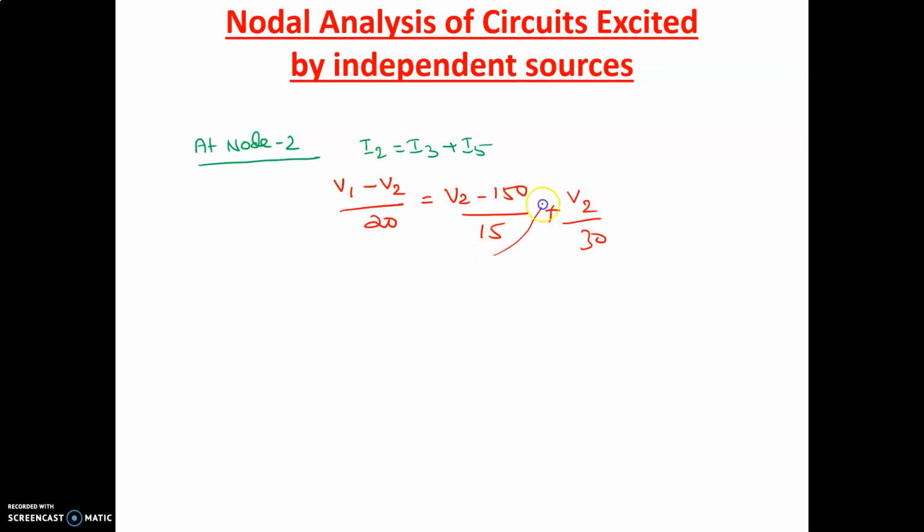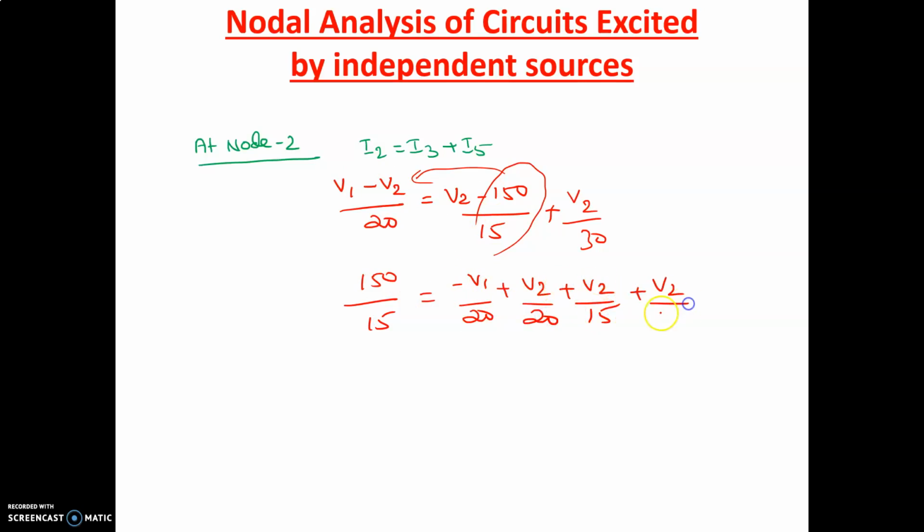Bringing this term to the left hand side, this will be 150 divided by 15, and bringing the other terms to the right hand side, the equation will be minus V1 by 20 plus V2 by 20 plus V2 by 15 plus V2 by 30.